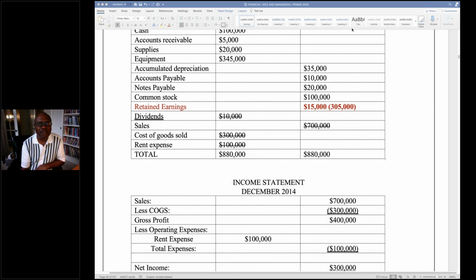Y'all was saying you knew it, so I'll just go with what y'all said. We think we get it, but we have to practice it so that we know for sure that we get it.